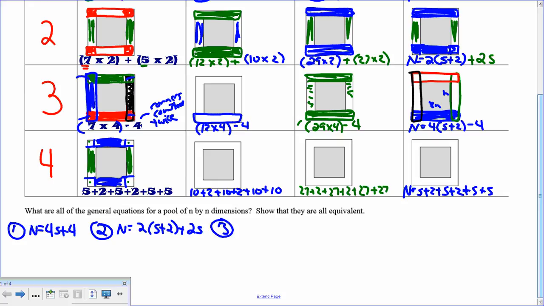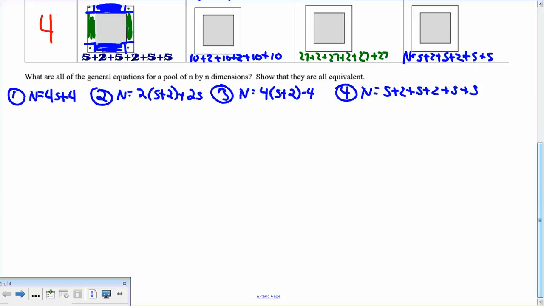The third one was n equals 4 times s plus 2 minus 4. And our fourth one is n equals s plus 2 plus s plus 2 plus s plus s. Okay, so I have 4 expressions here.